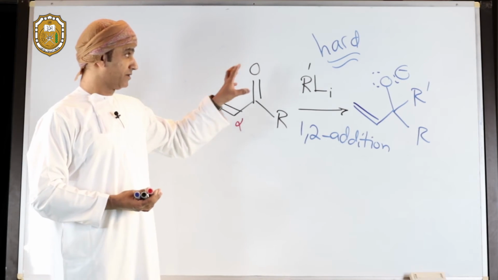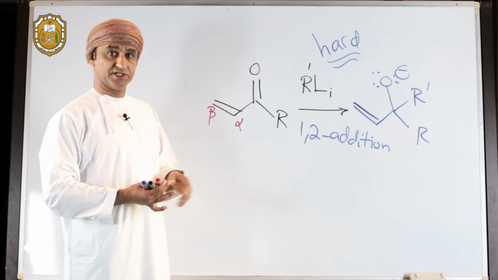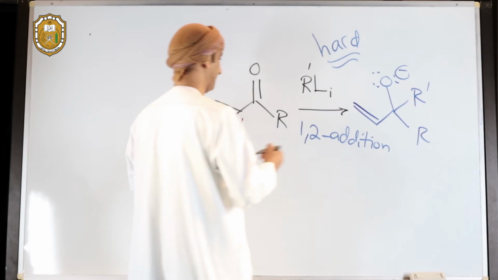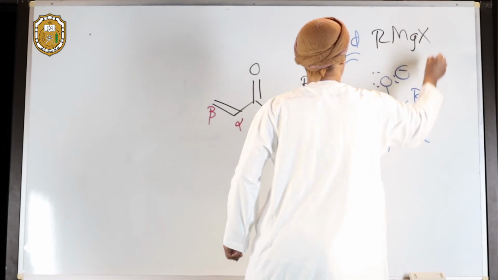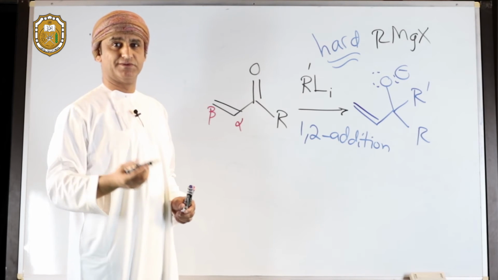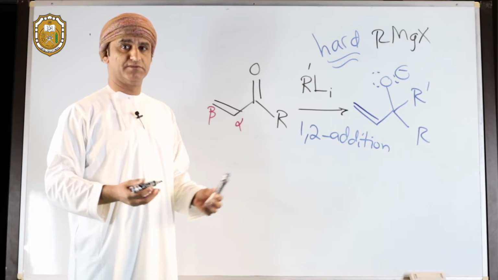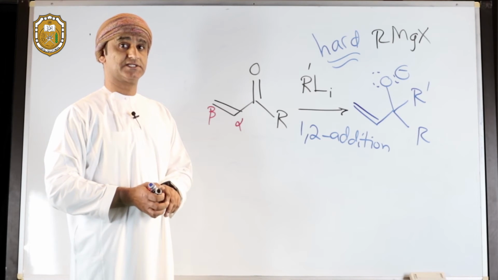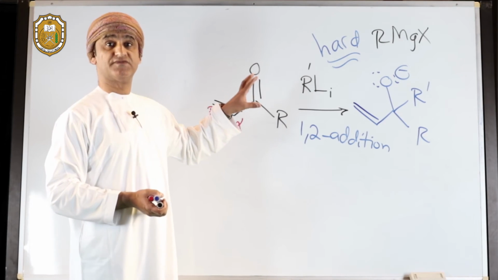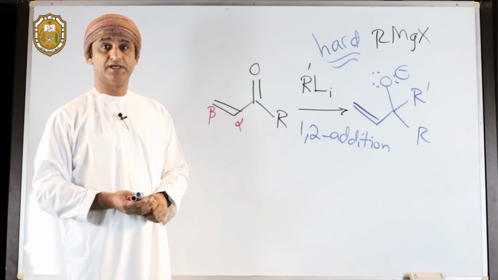So organolithium reagents or Grignards, we can also add hydrides, such as sodium borohydride, for example, or lithium aluminum hydride, hydride ion being a strong base. All of these nucleophiles favor most of the time 1,2 addition.